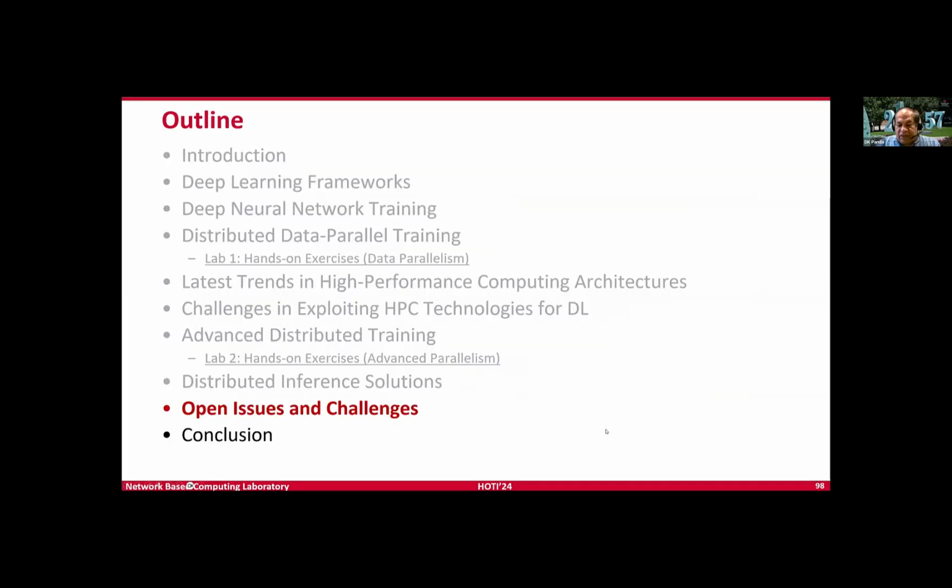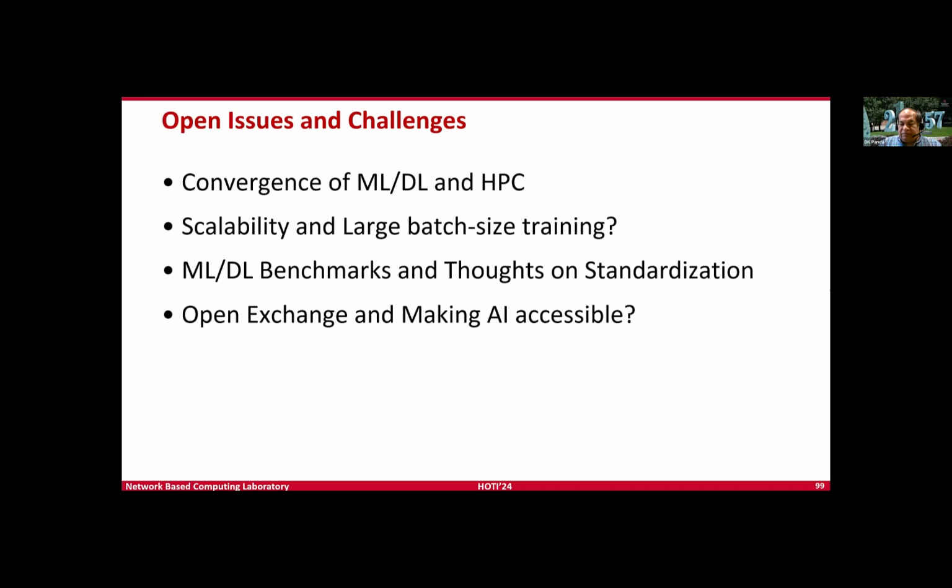Okay. So here we'll try to finish up with some of the open issues and challenges. As you saw, this field is emerging. Within the next generation hardware and next generation models, there is a lot of excitement. People are coming up with better and better solutions. In fact, every day, if you think of arXiv or any of the conferences these days, there are lots of papers focusing on all the different layers.